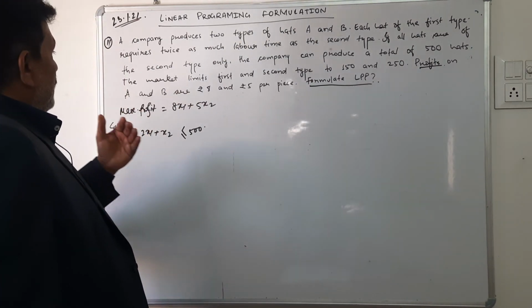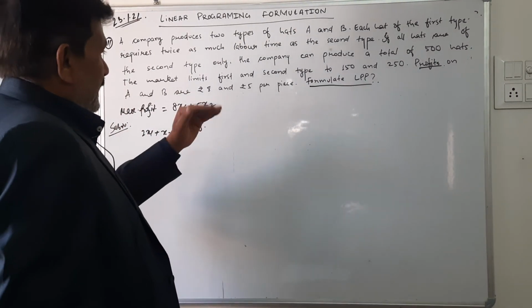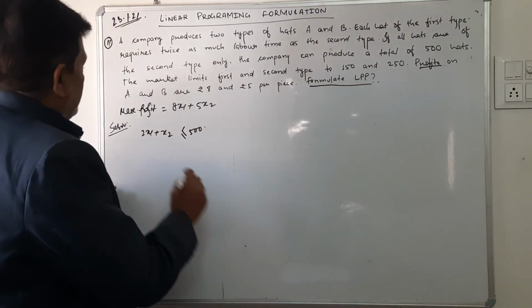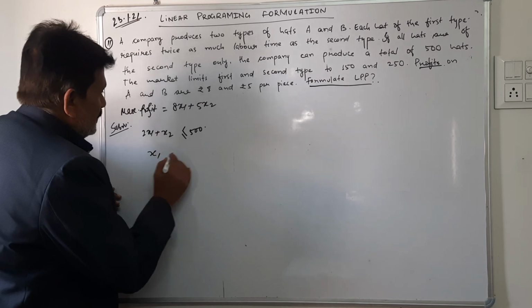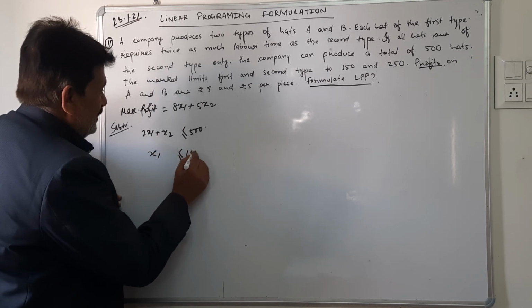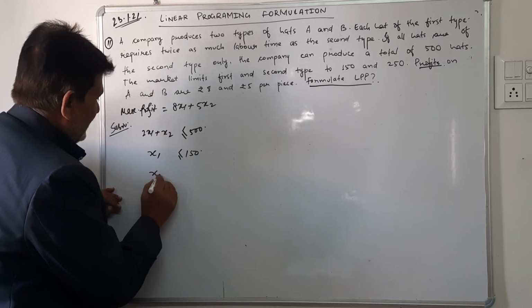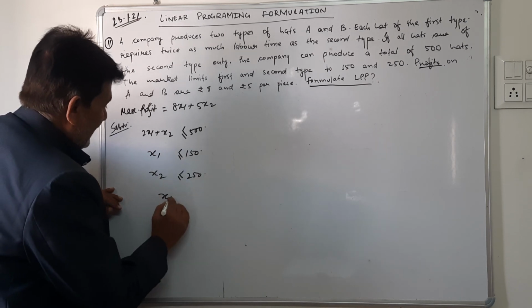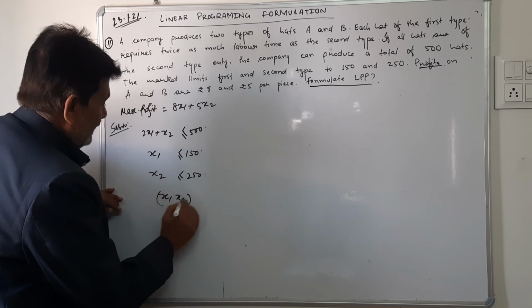Now the market gives a cap on the first and second hat, 150 and 250. So the firm can produce the first hat not greater than 150 and the second hat not greater than 250, and x1 and x2 are non-negative.